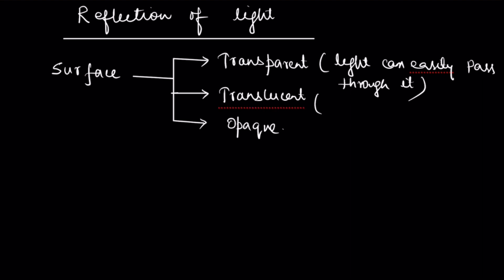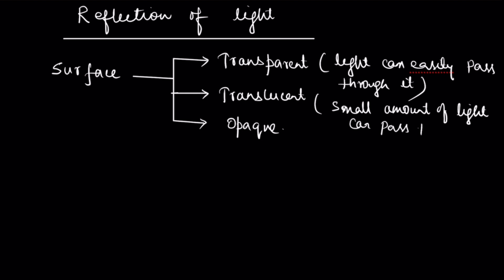Translucent is where a small amount of light can pass through it. And third is opaque, where no light can pass through it.